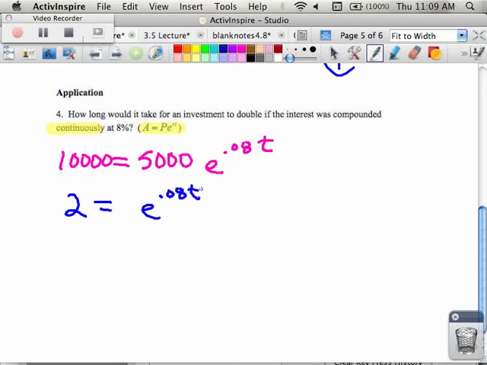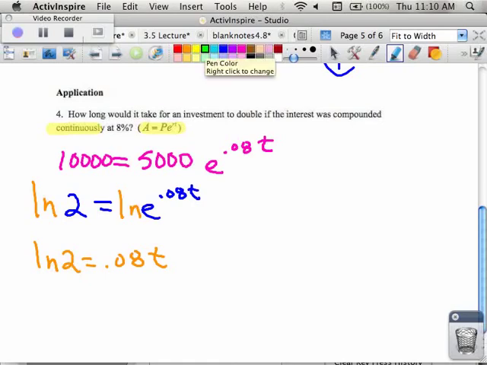Oh crap, my exponent is the variable. How do I get to that thing? Log it. So log both sides. And I get the natural log of 2 equals 0.08t. Why? Because when we natural log an e, they're inverses and they cancel each other out.